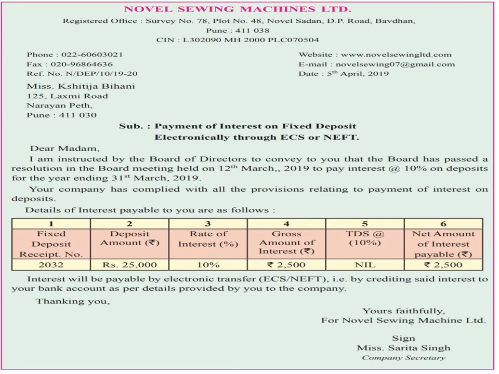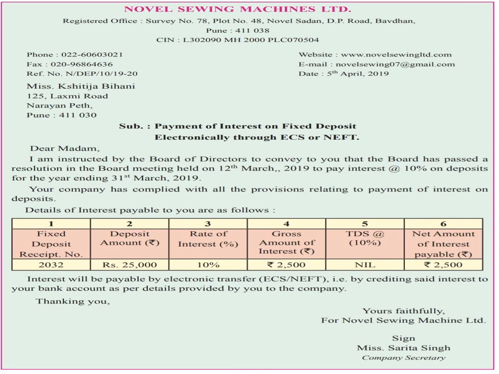Third, it contains the rate of interest. So she will be getting interest at the rate of 10%. The fourth box contains the gross amount of interest. So on her 25,000 at the rate of 10%, she will be getting 2,500 as the interest. The fifth box contains the TDS. TDS is tax deducted at source.